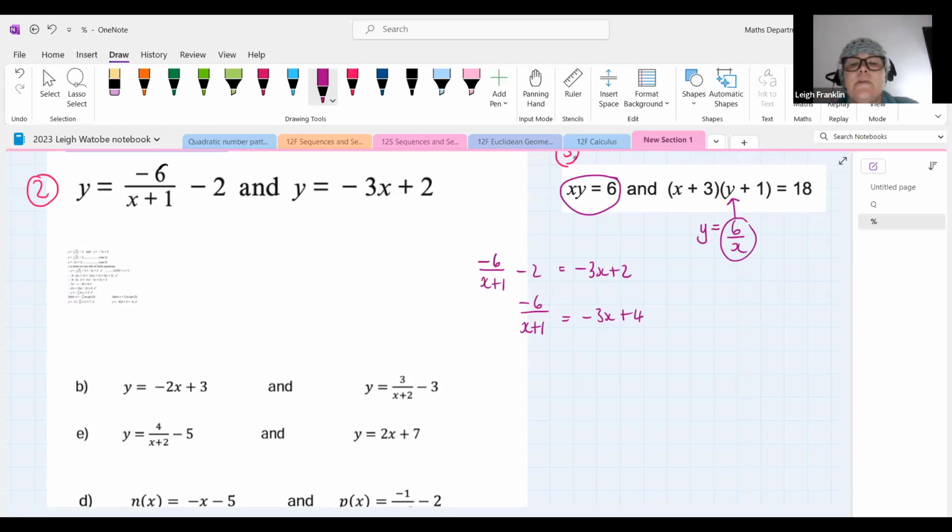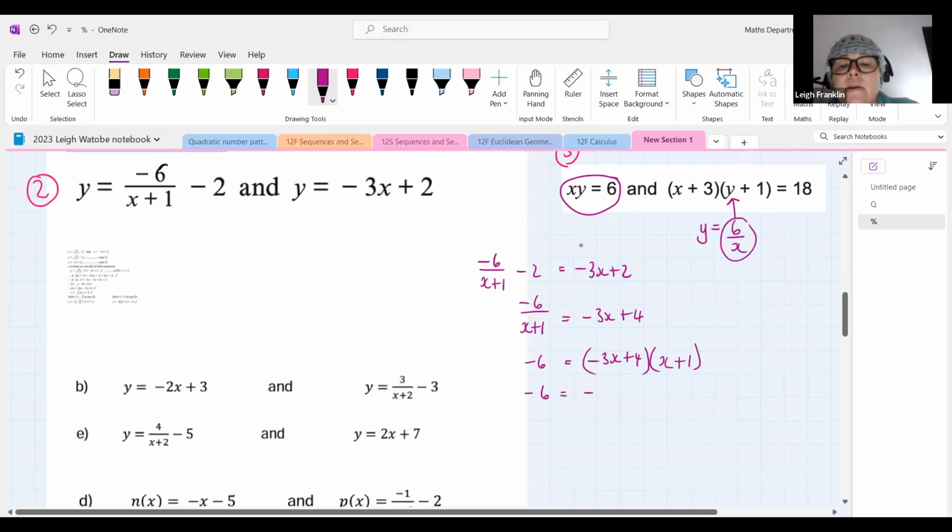Then we're going to cross multiply. So that's going to give us -6 equals -3x plus 4 times x plus 1. Which will give us -3x squared minus 3x plus 4x plus 4.